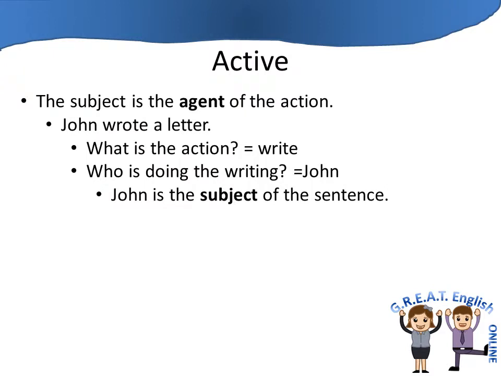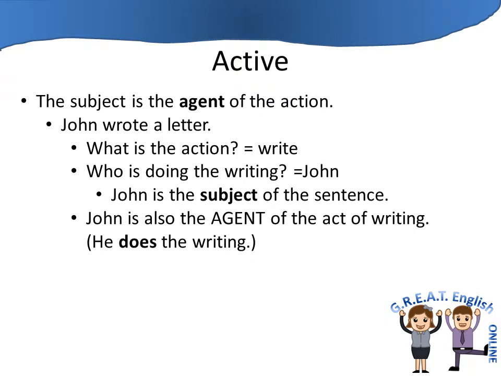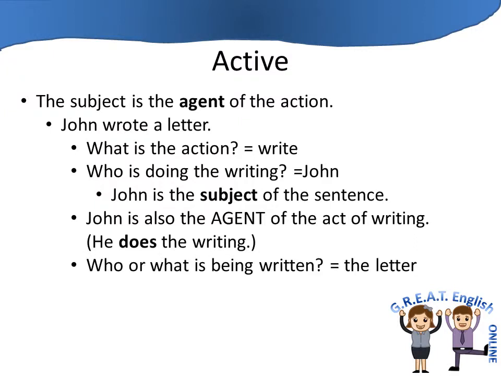That makes John the subject of the sentence. The sentence is about what John is doing. John is also the agent of the act of writing. He is doing the writing. So he is both the subject and the agent. He is the person about whom the sentence is, and also the person who is doing the action.